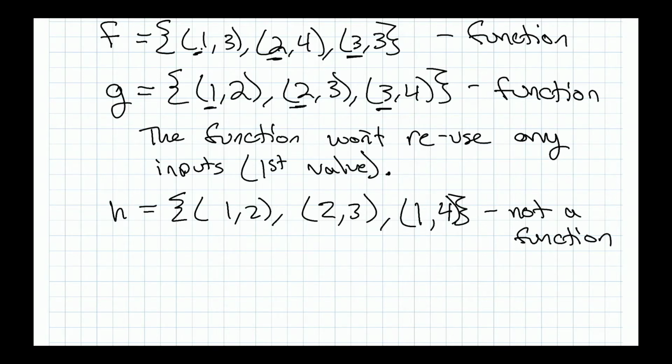Okay, and the way you can tell that it's not a function is because there and there we reuse the input value of 1. So we used 1 twice. That means not a function.